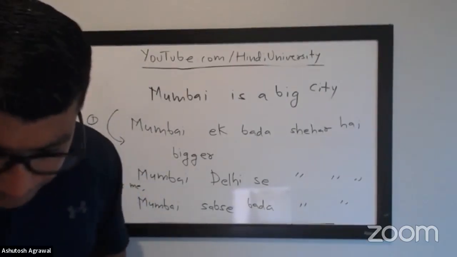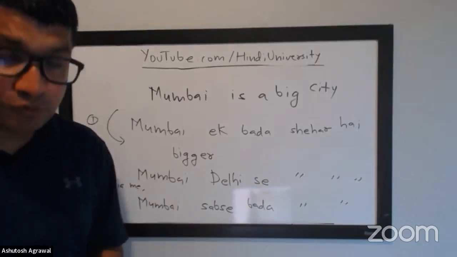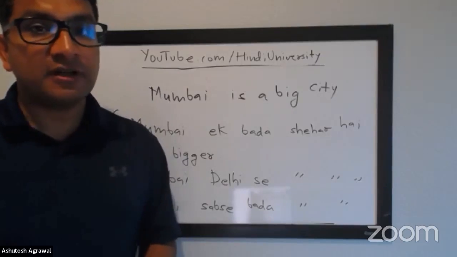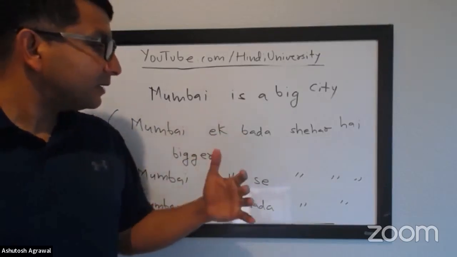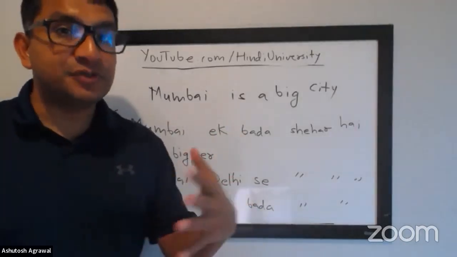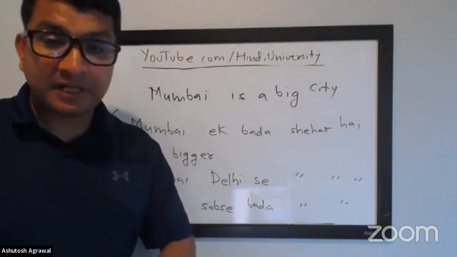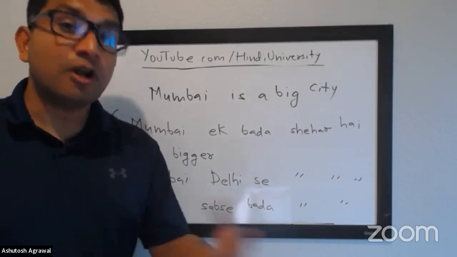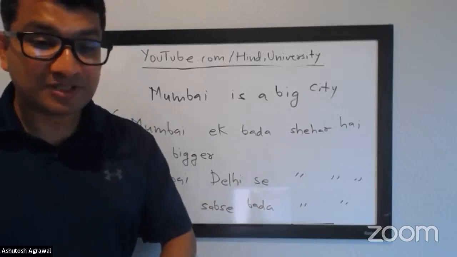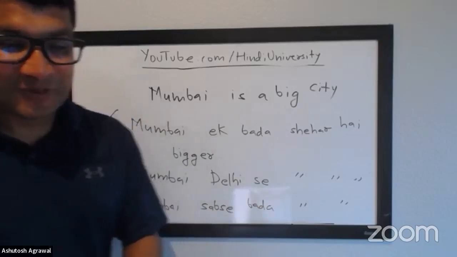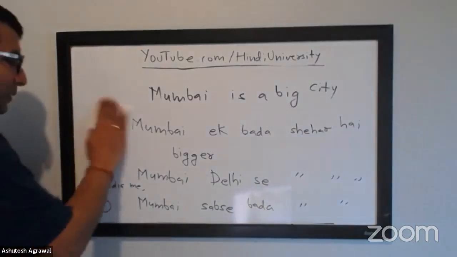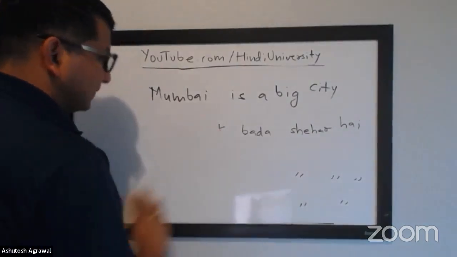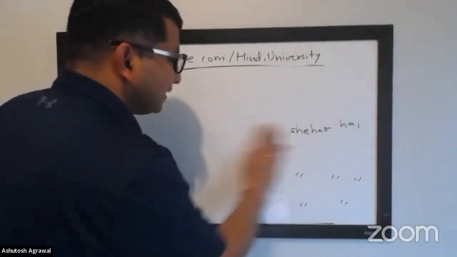Okay, we'll do more examples. So far, we're not making it too difficult. We are just simply saying Mumbai. Okay, now we will jump a little bit and do a "your house, my house" type of situation, where you have to play around with pronouns and nouns.